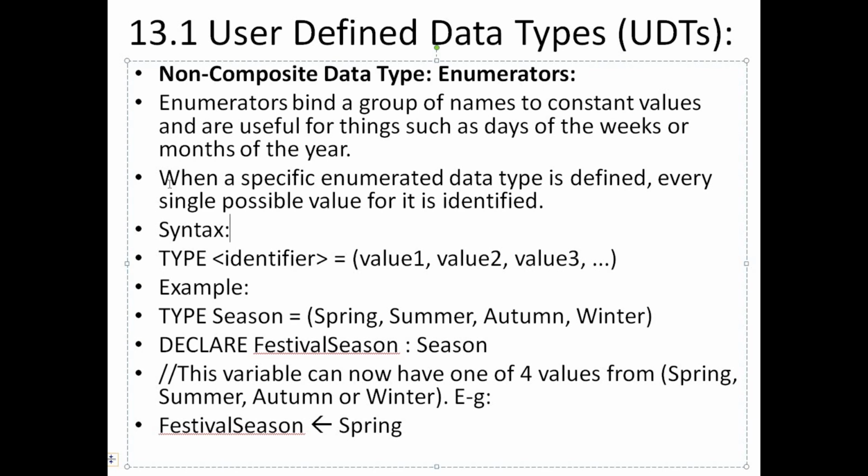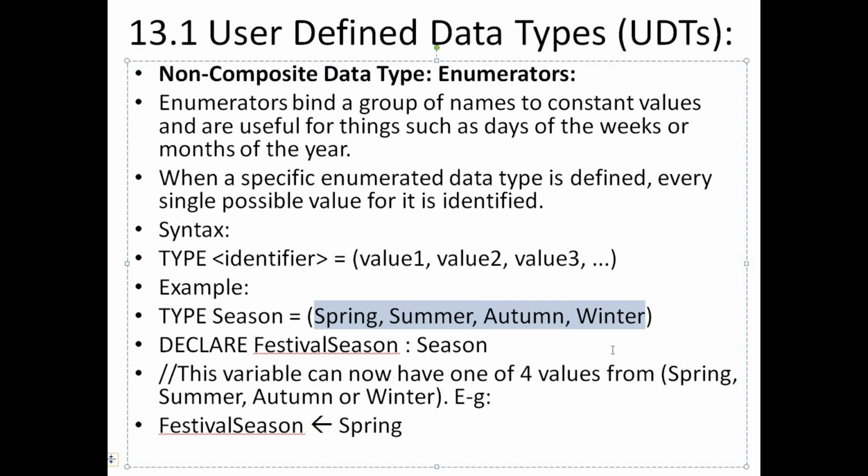One thing you should remember: whenever you declare or define an enumerator, you have to give a list of all the possible values you want it to accept. Now how do we write it? For all UDTs we use the type keyword, then we write a name for it, we write the equal to sign, and then inside parentheses we give all the possible values. For example, type season equals spring, summer, autumn, winter.